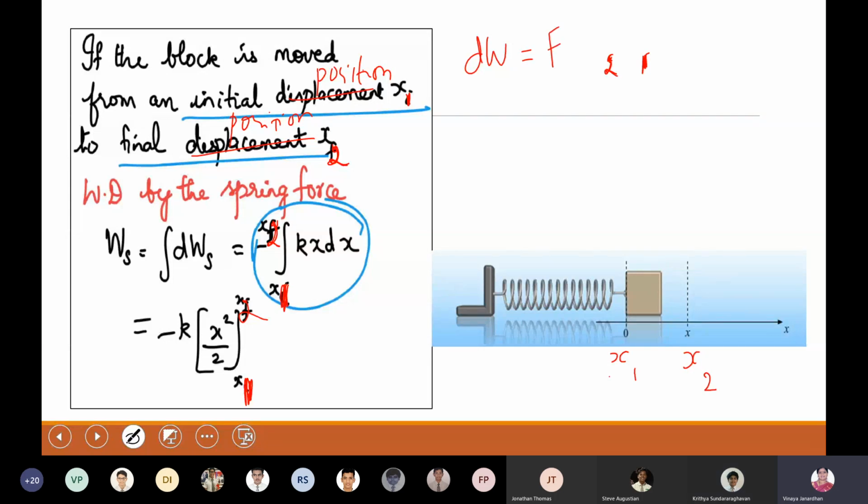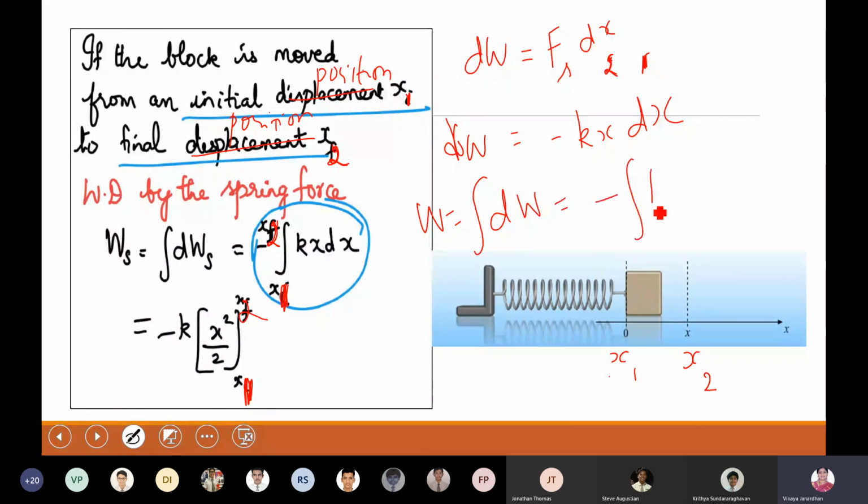It is Fs dx. So we had got this expression as dw is equal to minus kx dx. Now the question is, when the spring moves from initial position x1 to final position x2, what is the work done? So work done is equal to the integral of dw, so it is minus kx dx, where x is varying from x1 to x2. Is that clear, boys?